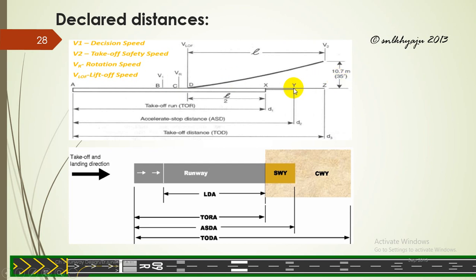That is why the distance A to Y is taken as the accelerated stop distance available. And when the aircraft takes off and gains a height of 35 feet from the ground, the respective distance is taken as the takeoff distance available.